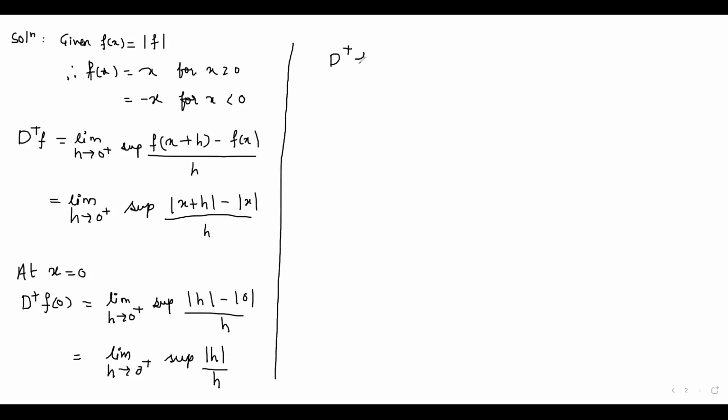Therefore the upper right derivative is equal to limit h tends to 0 plus supremum of, for values of h greater than 0, mod h equals h, upon h. So here we get limit h tends to 0 plus supremum of h upon h, which is supremum of 1, which is equal to 1.